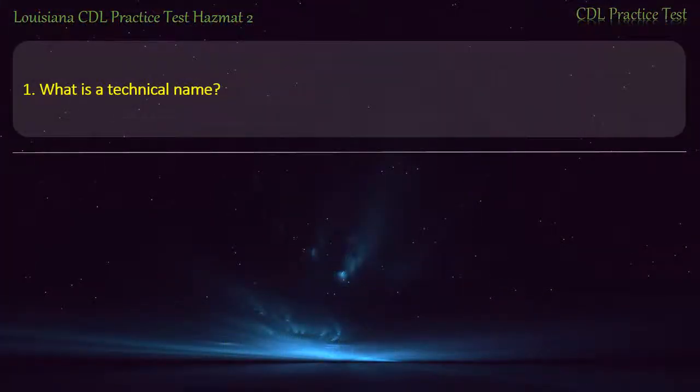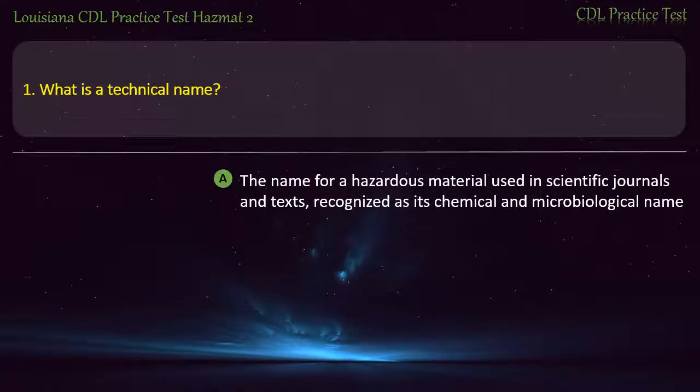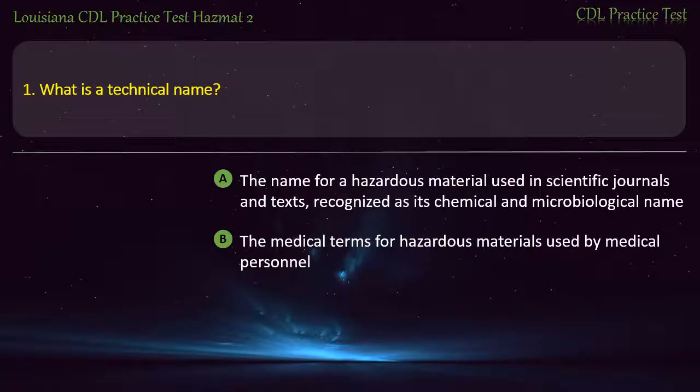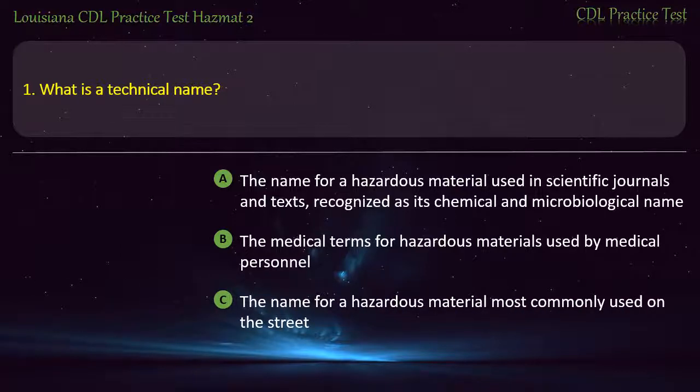Question 1. What is a technical name? The name for a hazardous material used in scientific journals and texts, recognized as its chemical and microbiological name. The medical terms for hazardous materials used by medical personnel. The name for a hazardous material most commonly used on the street.